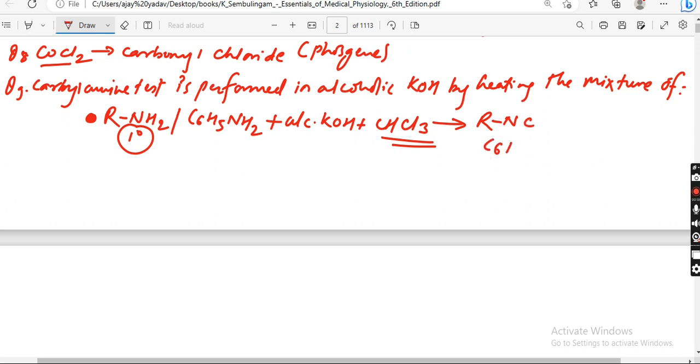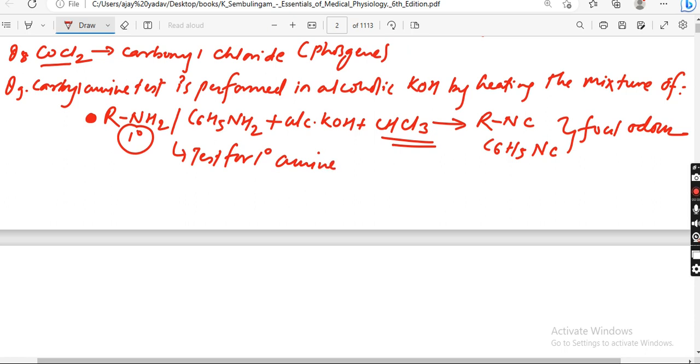RNC or C6H5NC, which has a foul odor. This is actually the test for primary amine, and this will produce isocyanide. Okay, this will produce isocyanide.